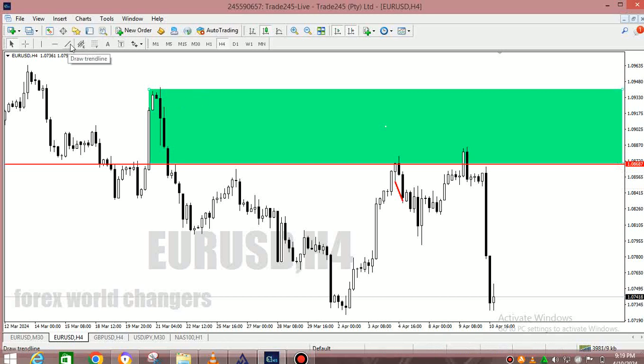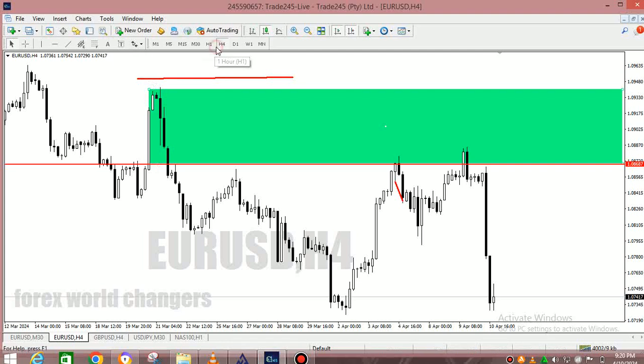The reason I say this wasn't a very good Quasimodo is that from here to here was going to be a very huge stop loss, knowing that it's a 4 hour time frame.